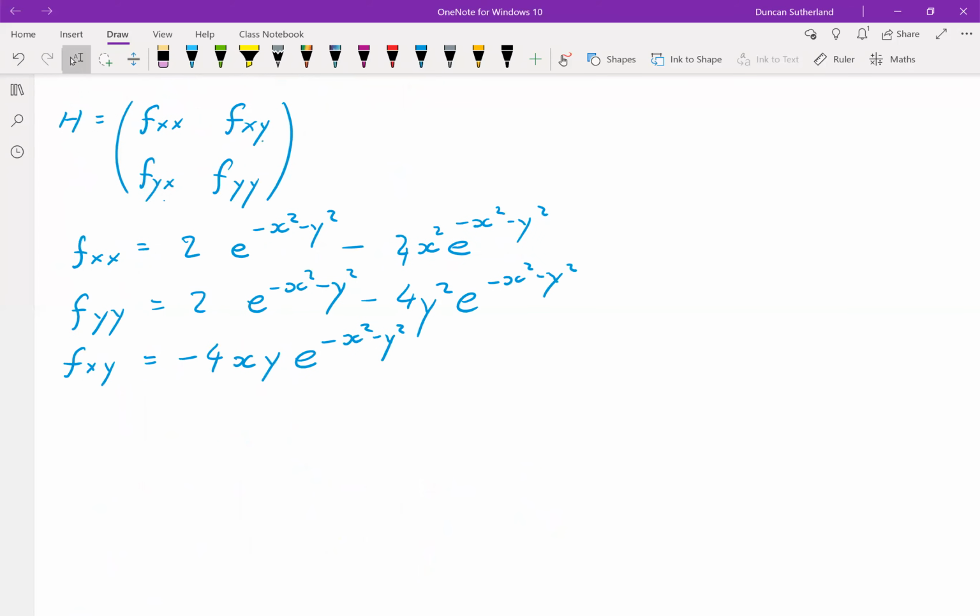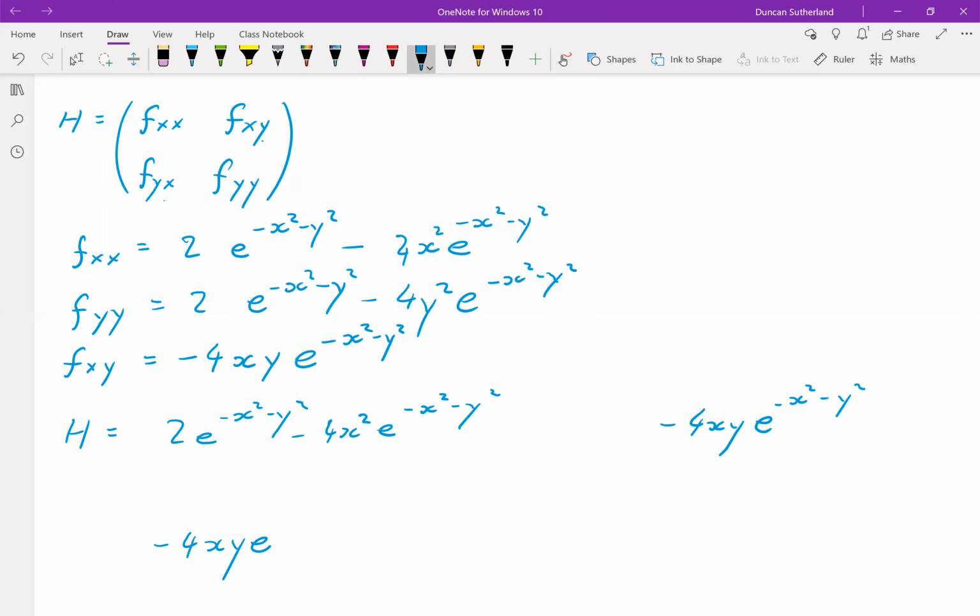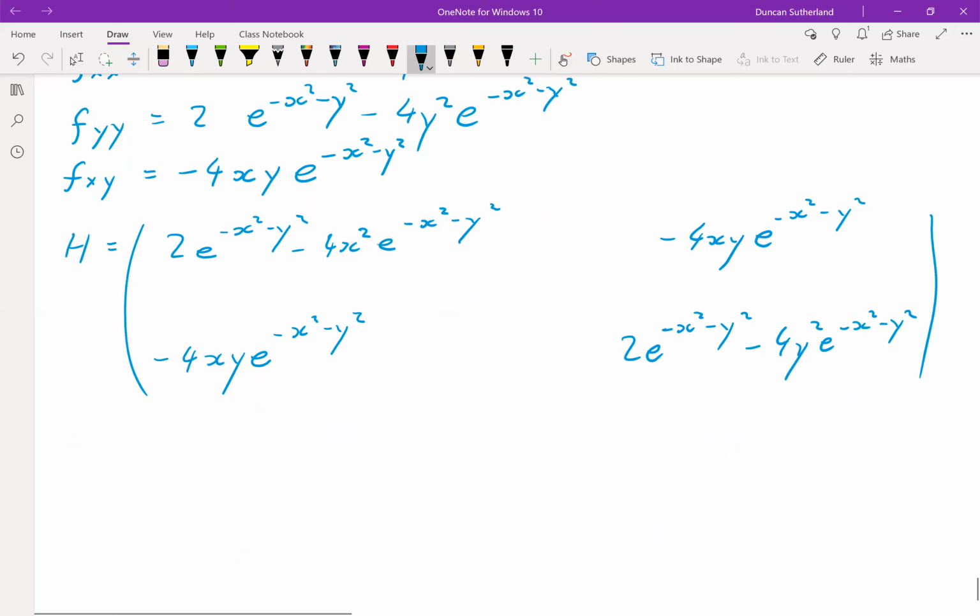Alrighty, now we can build our Hessian. Okay, that's our Hessian matrix.